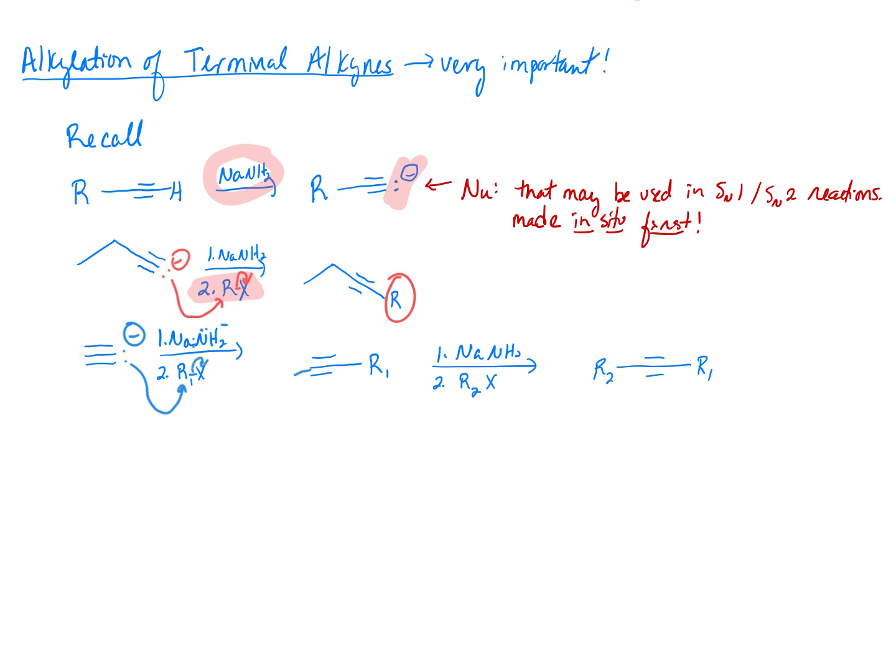And then, since we still have a hydrogen here, we could remove the other side. So this comes off, and what we would end up having would be a negative charge that can then react a second time, and X leaves. And so you end up with an R group on both sides. Those can be different R groups, or they can be the same, just depending on what you want there.